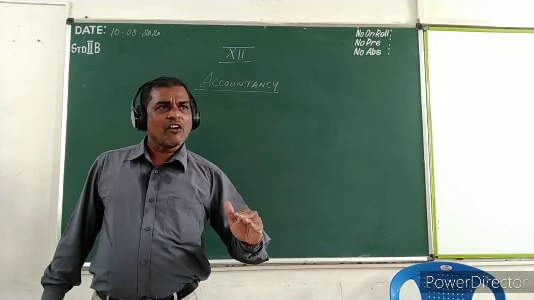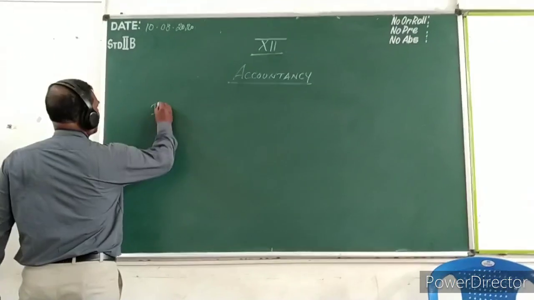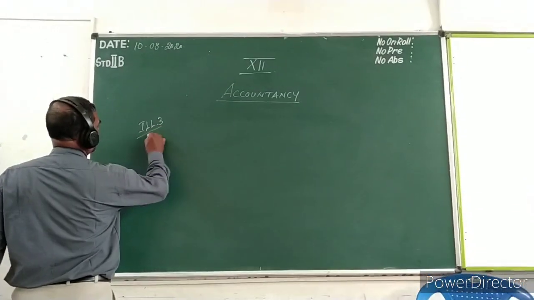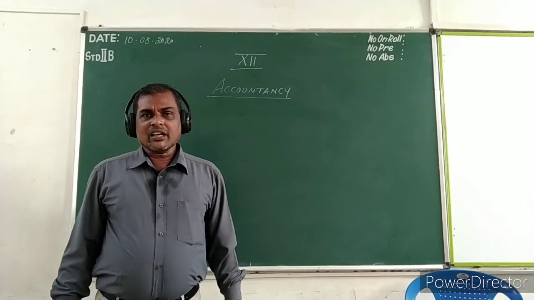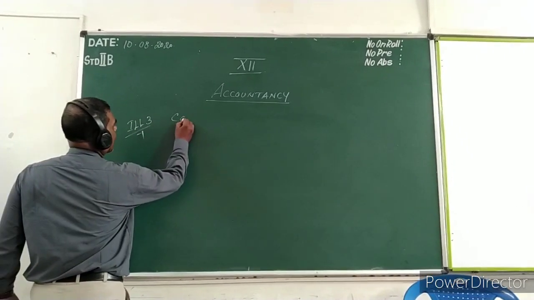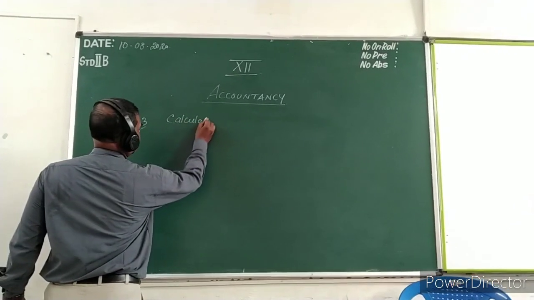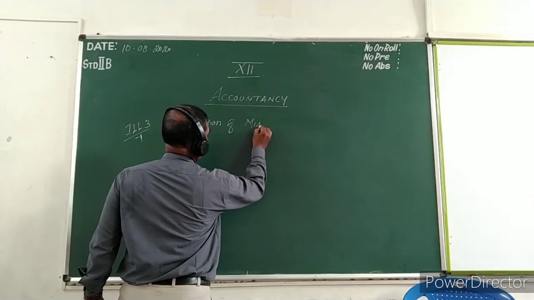Just the system of calculation is different. Illustration 3, page number 7. Here we are going to calculate the missing figure. So put calculation of missing figure.